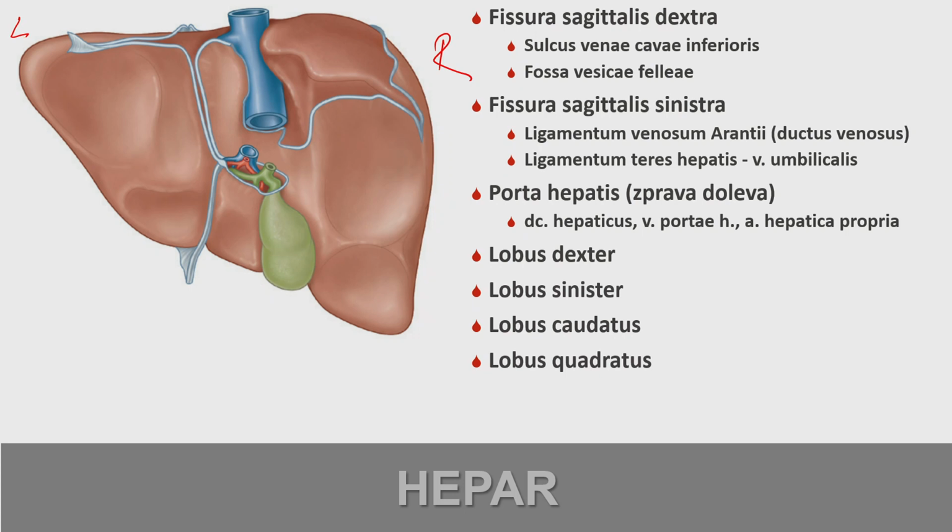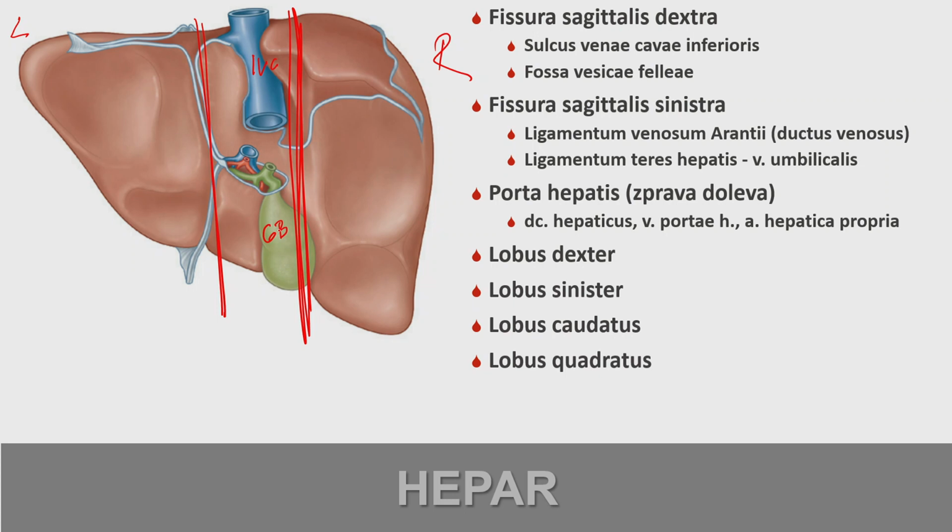We can distinguish here fissures, grooves, which are localized in vertical orientation. One shallower and larger groove is called fissura sagittalis dextra, or right sagittal fissure, and it contains the groove for inferior vena cava and gallbladder.